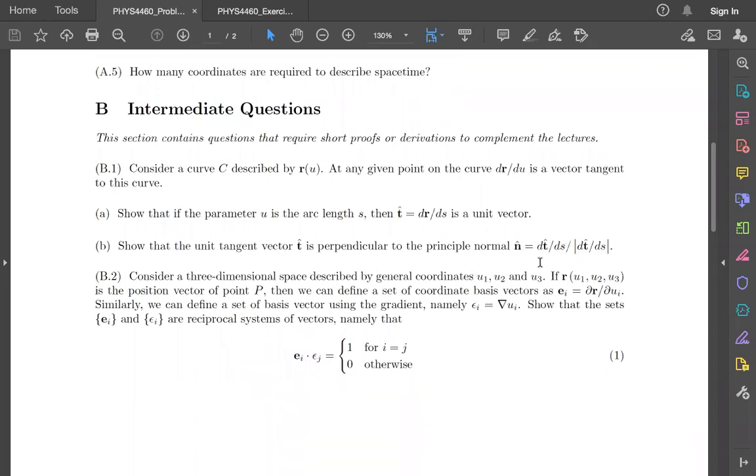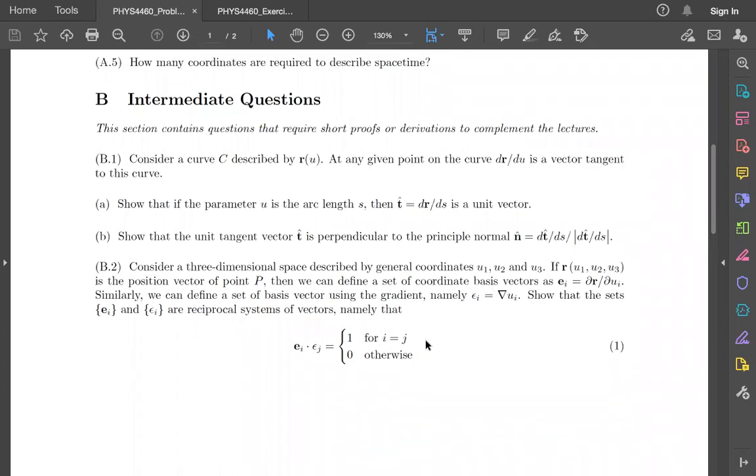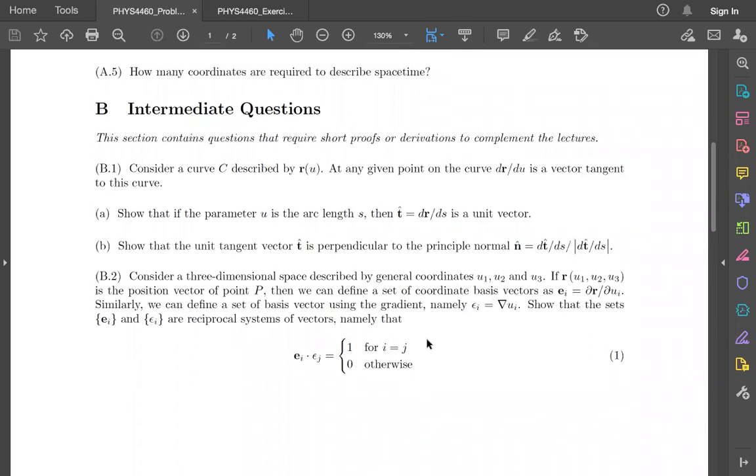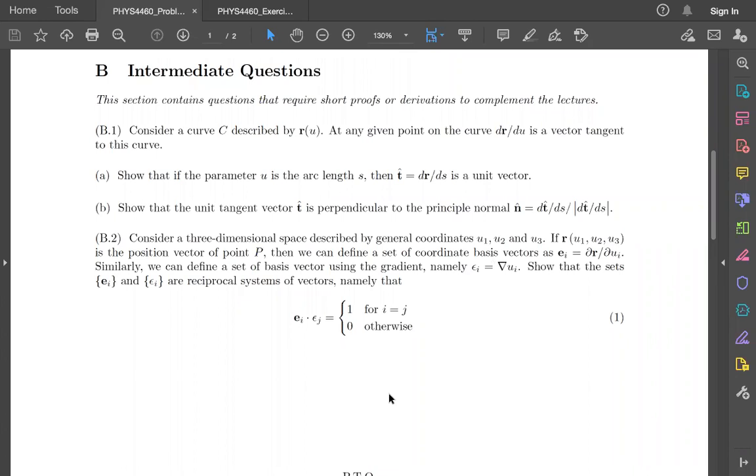So you may want to differentiate something with respect to s to get the result. That's all I can say, so take some time to think about it. I believe you can derive the result.